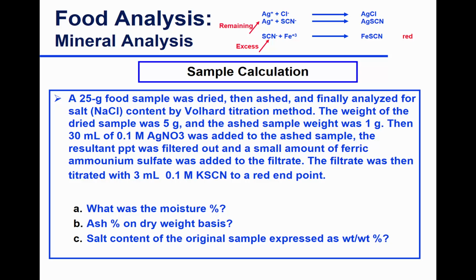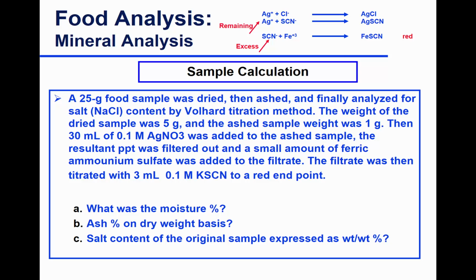No, it's not KSCN. Well, it is KSCN, but what you have in excess is silver nitrate. So you have 30 milliliters of silver nitrate in excess.